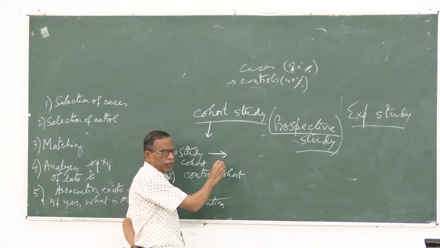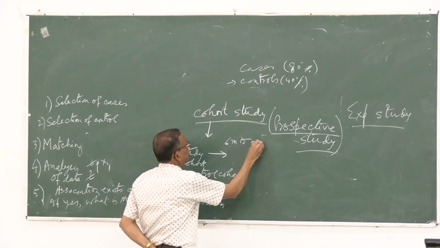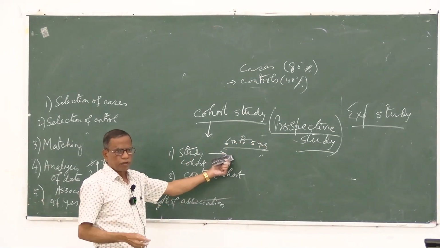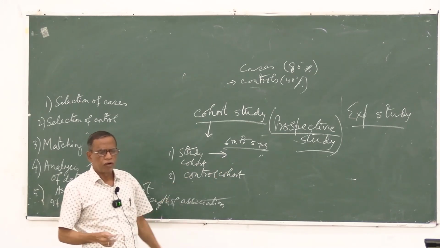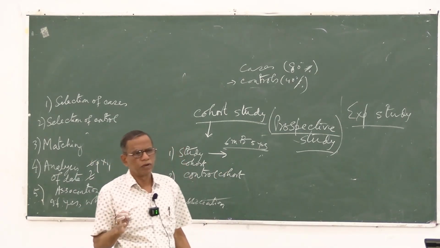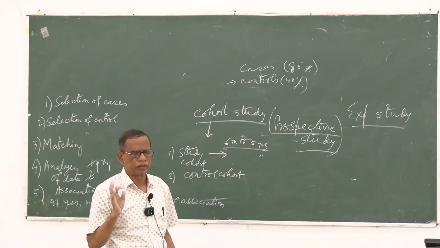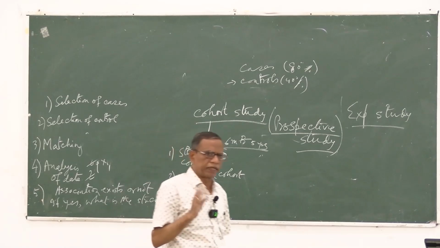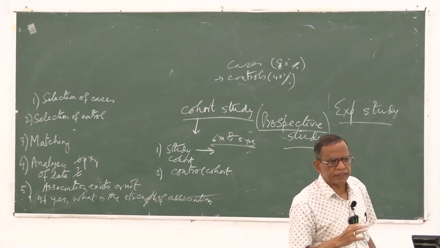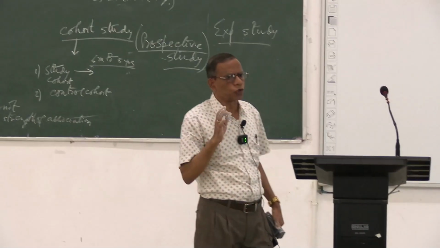Suppose your study group includes this age group, 6 months to 5 years. So you ask the mother whether your baby was fed on breast milk for the first 6 months or not. If an infant is fed only with breast milk for 6 months, that means the child is exclusively breastfed.